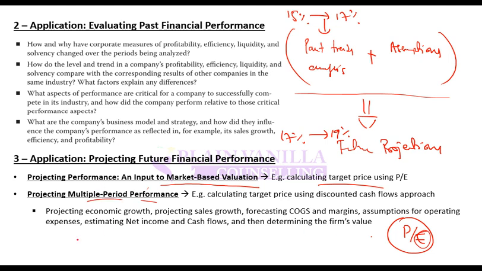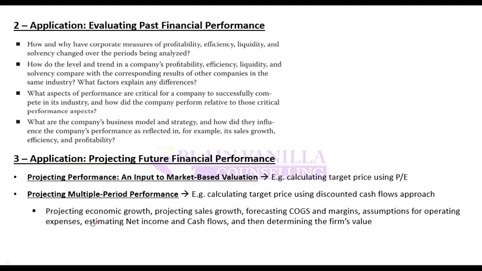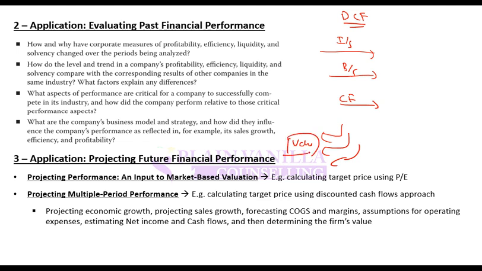Or projecting multi-period performance. For example, in the DCF approach, the discounted cash flow approach, you forecast the income statement, you forecast the balance sheet, forecast cash flows, and then based on that you find out the value. So all of these forecasts are actually made using financial statement analysis.